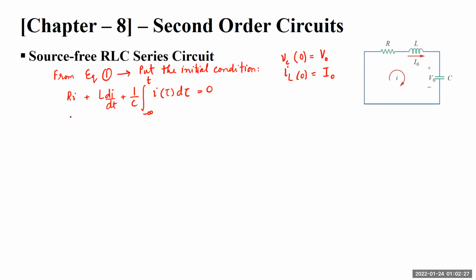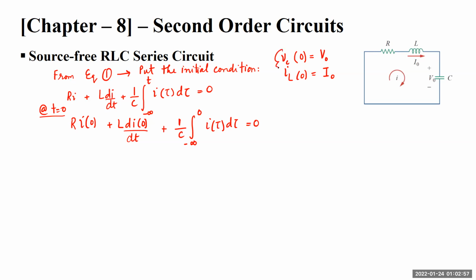So this equation will become I of 0 at time t equals 0, plus L di 0 by dt, plus 1 by C again at time t equals 0, integral from minus infinity to 0 of I tau d tau equals 0.